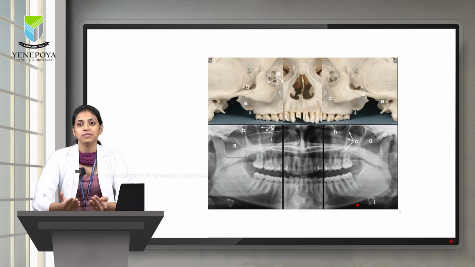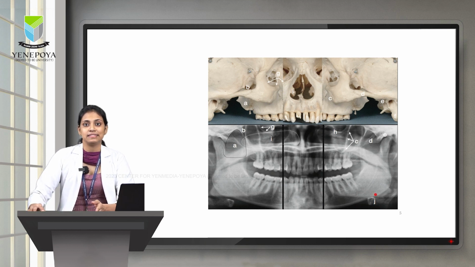As the jaws are folded outwards, adjacent to the central portion, we have on the right and left sides maxillary and mandibular posterior teeth, followed by the ramus of the mandible and the condyles. And at the extreme ends, as you can see here, we have the cervical vertebra on either side and the styloid process on the extreme right and left borders.